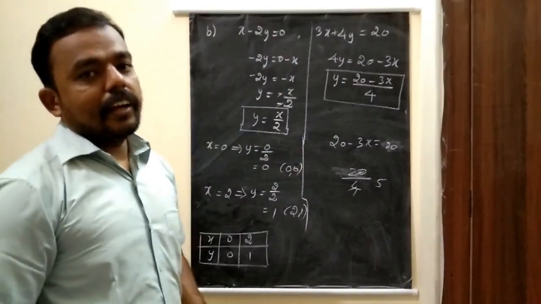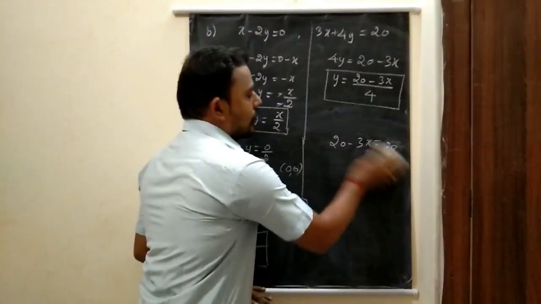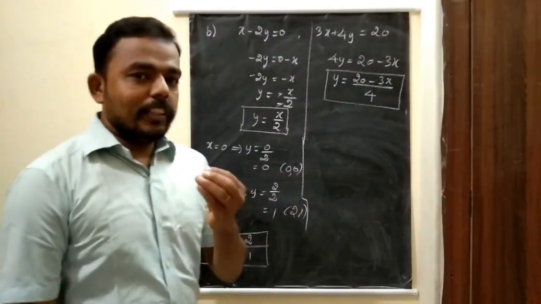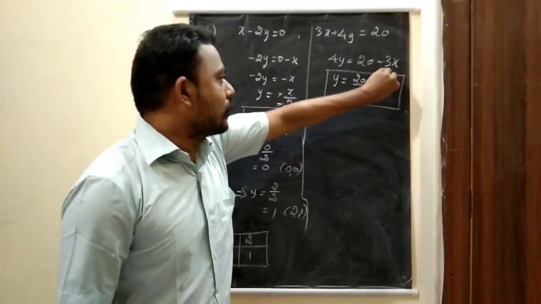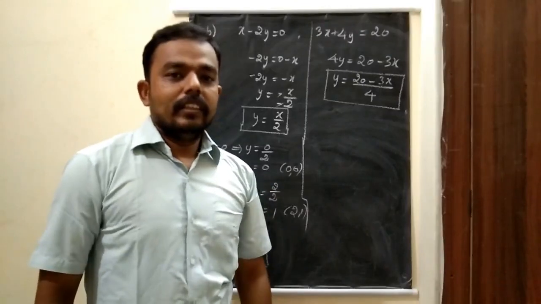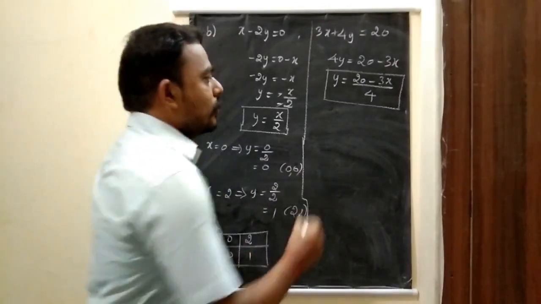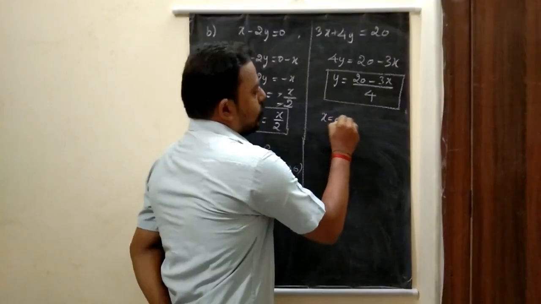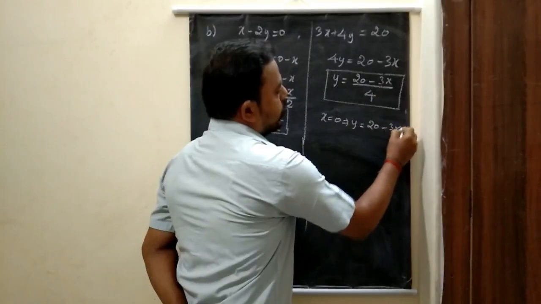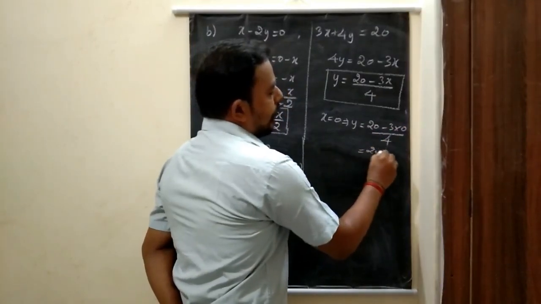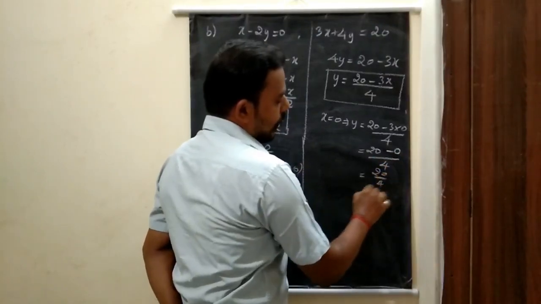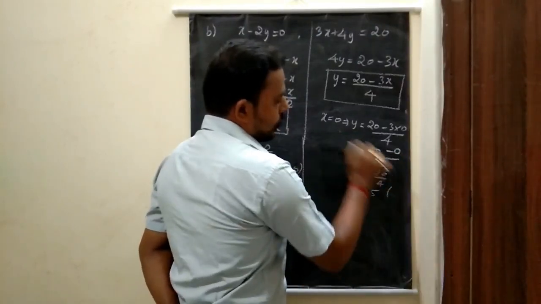So like that I need to find numbers which give a multiple of 4. 0 is the easiest one. By substituting 0, 3 into 0 it's totally 0. So 20 by 4 only, it's a multiple of 4, easy. The next number we need to think about. So if x is equal to 0, implies y equal to 20 minus 3 into 0, the whole divided by 4. So 20 minus 3 into 0 is 0, so 20 by 4 you have 5. So the point 0, comma, 5.